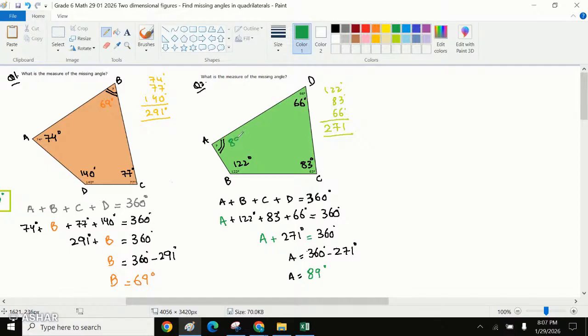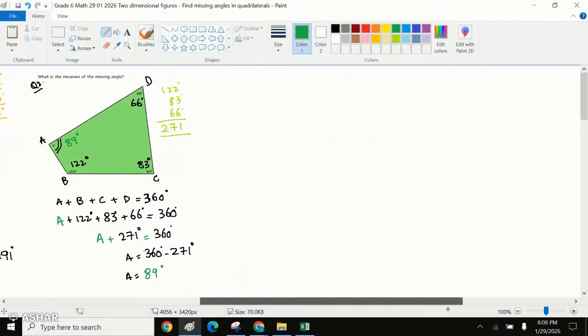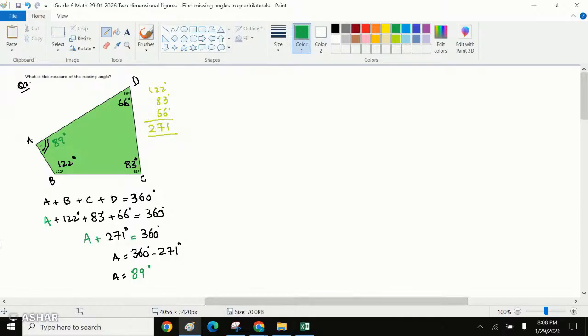This means this angle was 89. Great. Because we know that the sum of all the angles of a quadrilateral would always be equal to 360.